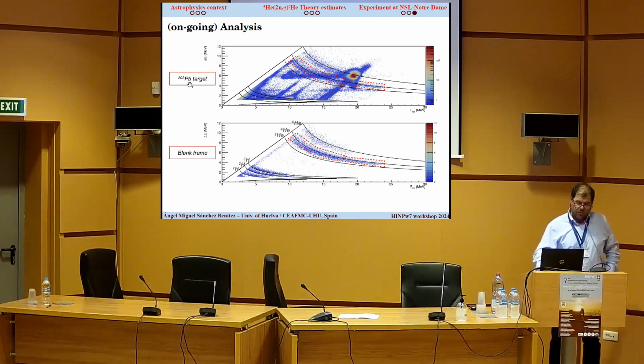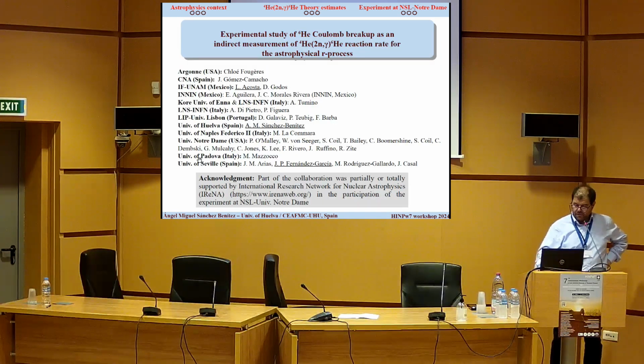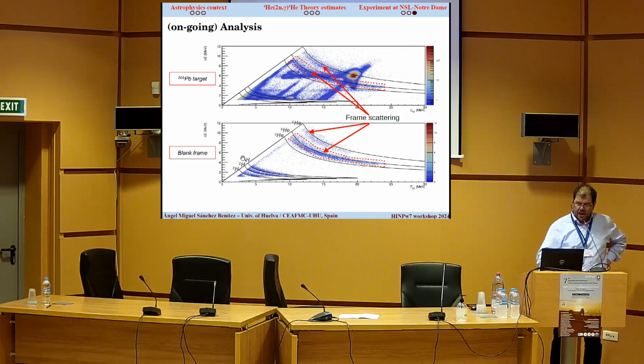And okay, the ongoing analysis. This is cumulated data using the lead target, so we find here a lot of alphas and also helium-6 frame scattering, right? These are all the strips cumulated, right? When we put the blank frame, we can see also the alphas and some helium-6.